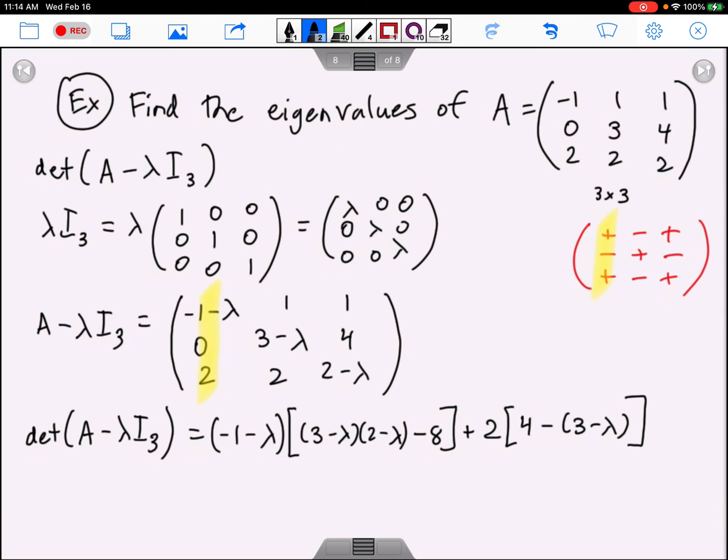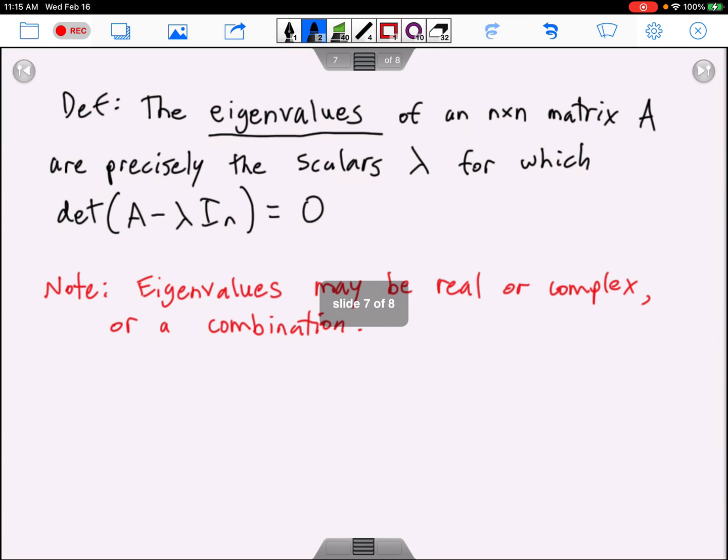Now, it seems like we have to do a lot of algebra here, and we do, but we have to be careful, okay? The reason I say have to be careful is because we're eventually going to, if we go back to the definition of eigenvalue, we're going to have to set this determinant equal to 0, aren't we? In other words, we're going to want to solve this, and we know eventually we're going to want to have everything factored because that's the only way to solve a polynomial equation like this, okay?